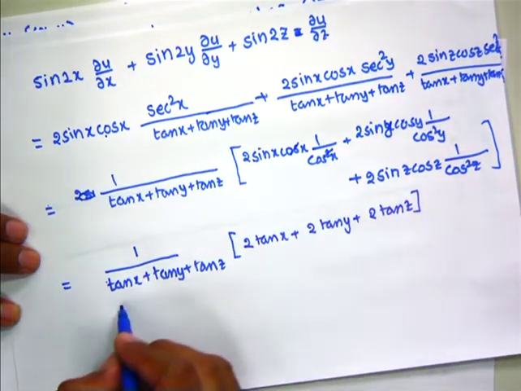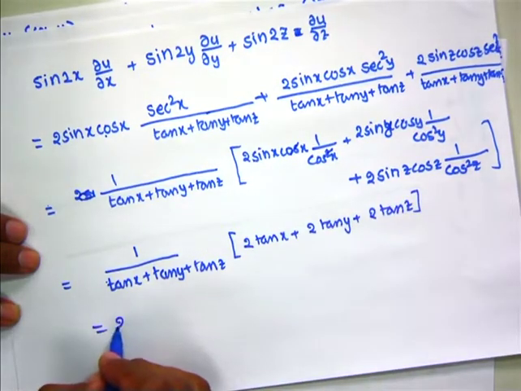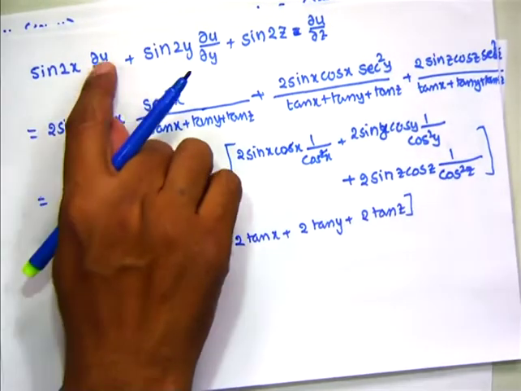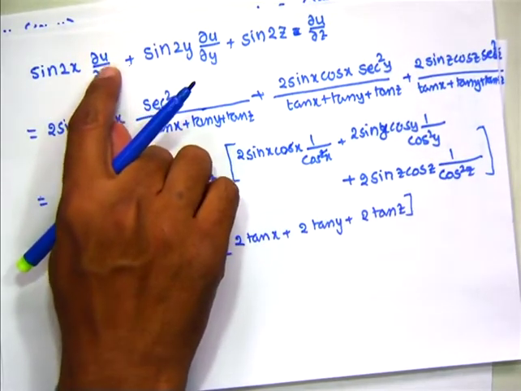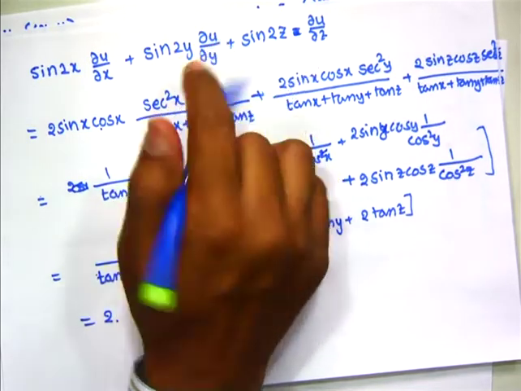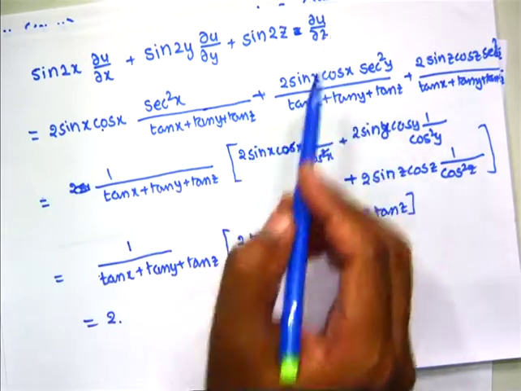So 2 is common, so tan x plus tan y plus tan z is cancelled with this, and ultimately we get the answer 2. So we have shown that sin 2x into del u by del x plus sin 2y into del u by del y plus sin 2z into del u by del z is equal to 2.